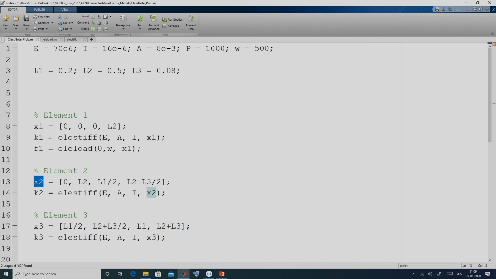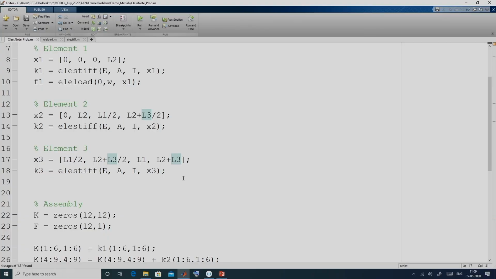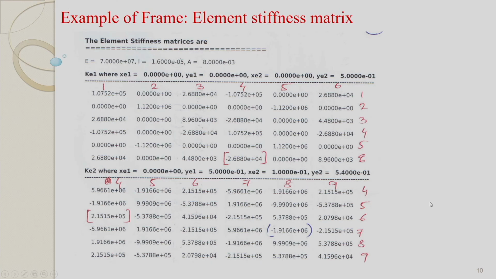Now, this K1, K2, F1 all are in global XY frame, because required transformation we did in the function itself. Similarly, for element 3, for the nodal coordinate vector x3, we get element stiffness matrix K3. So, these are the element stiffness matrices.